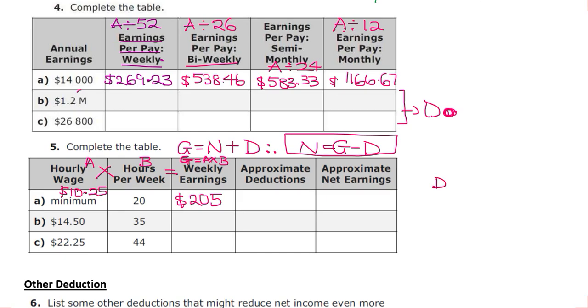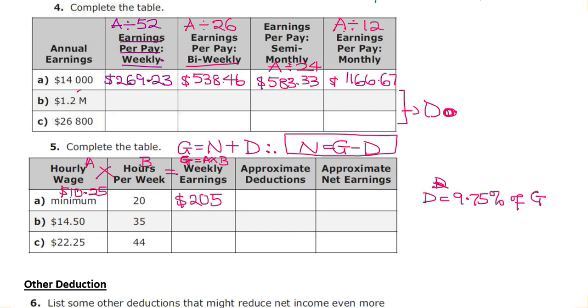Let's just make this here D. Deduction for column 1 is, let's say we make that 9.75% of your gross, which is G. Because 205 is under a specific wage bracket, if you combine the percentage of your CPP, your EI, your income tax, the combination of all those percentages just gives us 9.75% of the total gross income.